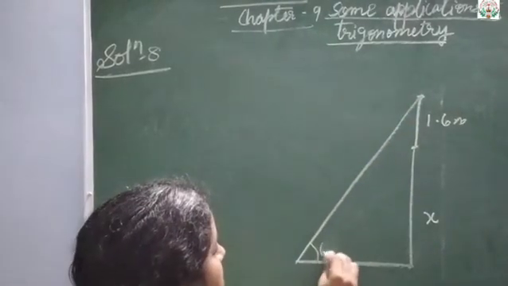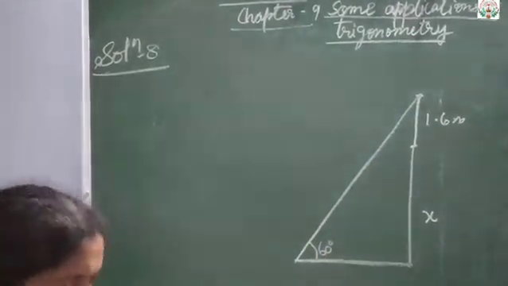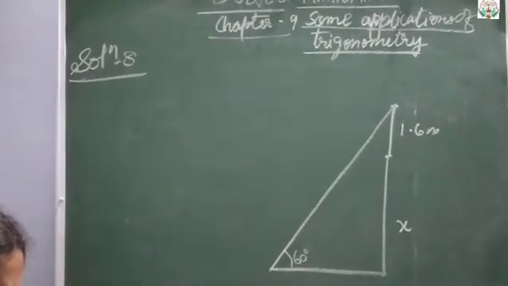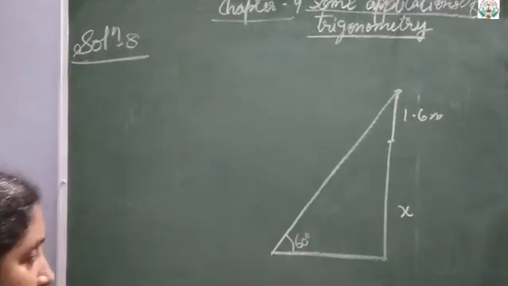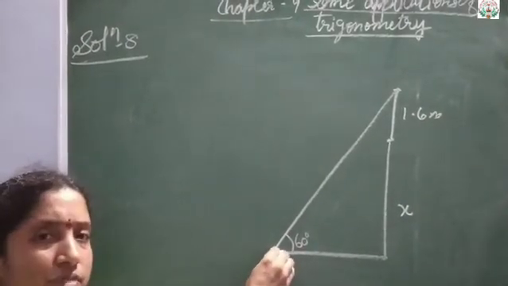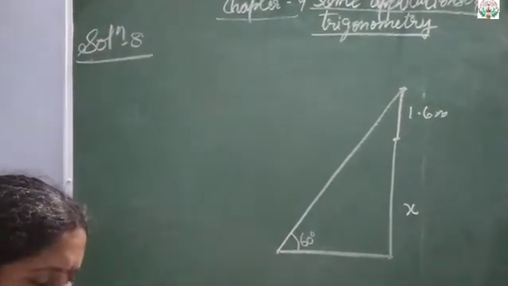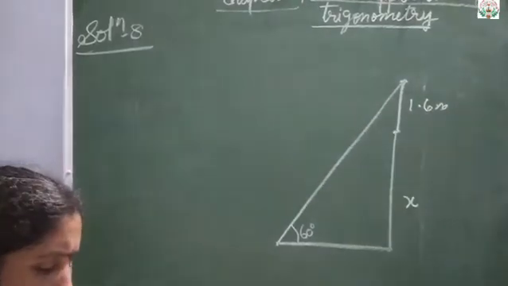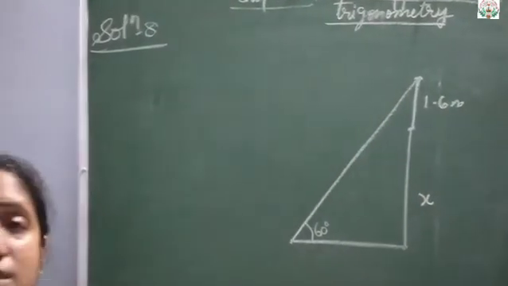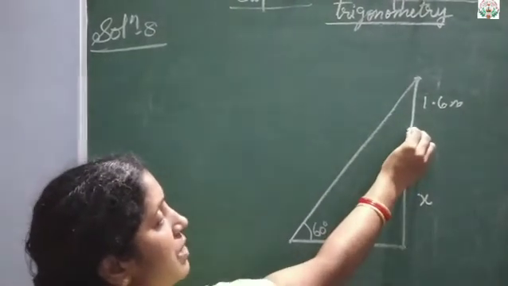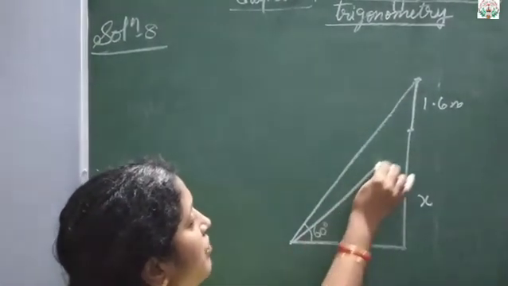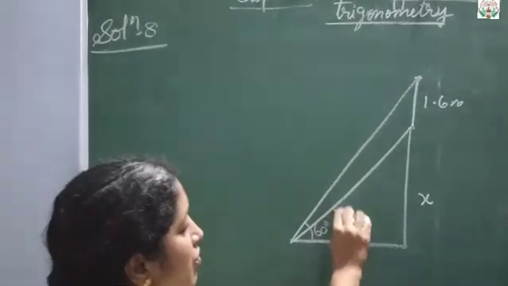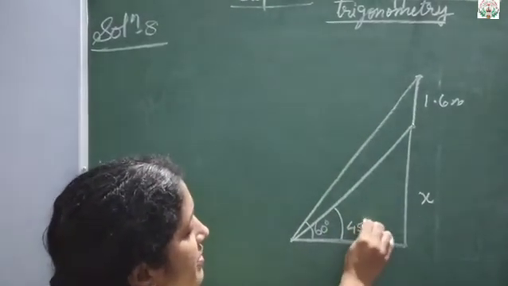And from the same point, the angle of elevation to the top of the pedestal is 45 degree. Top of the pedestal means from here.